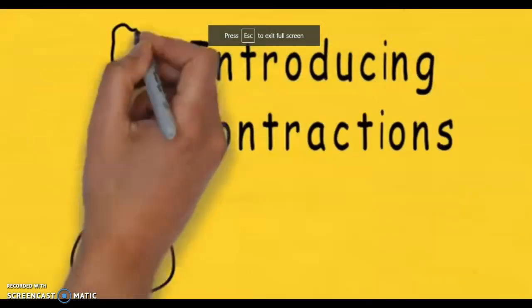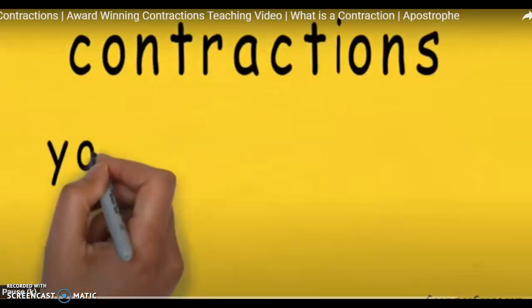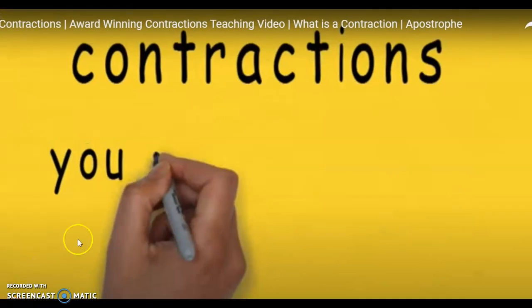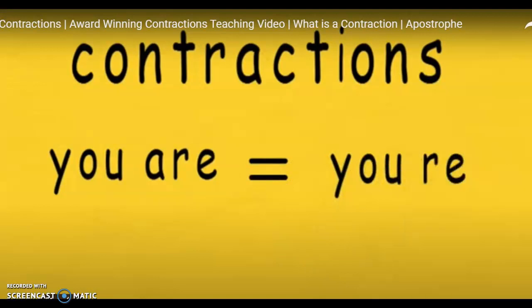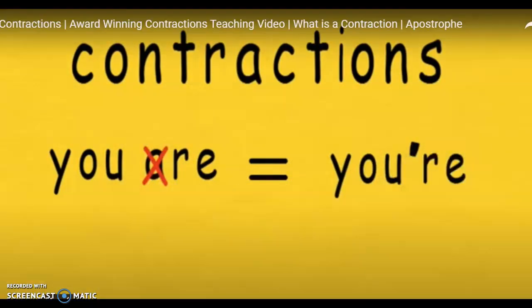Introducing contractions at Grammar Songs by Melissa. Contractions are words used in the English language. Two words are shortened to make one word, and an apostrophe replaces the missing letter or letters. You are equals you're.